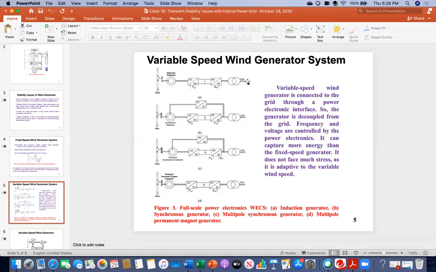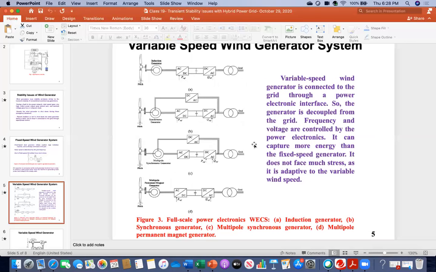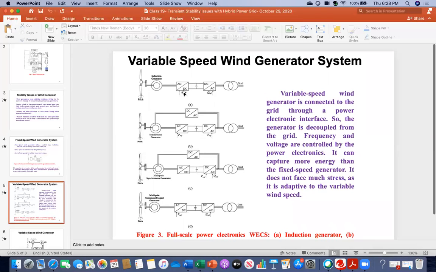Because of the variable speed situation, there is power electronics equipment like an AC to DC converter, then a capacitor called the DC link capacitor, and then conversion back into AC, DC to AC, which provides the required frequency, for example 60 hertz.